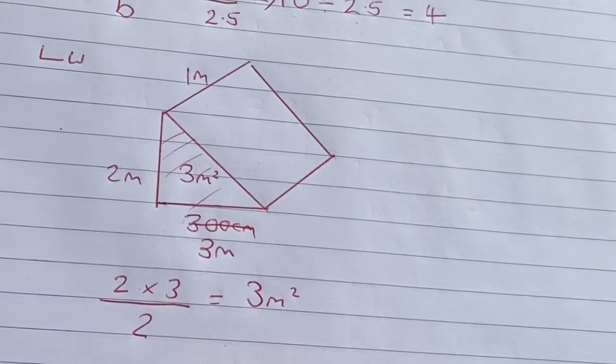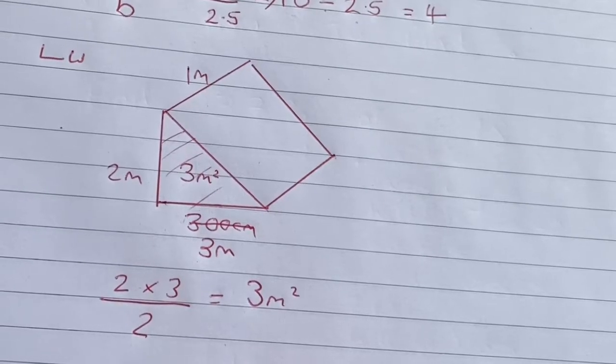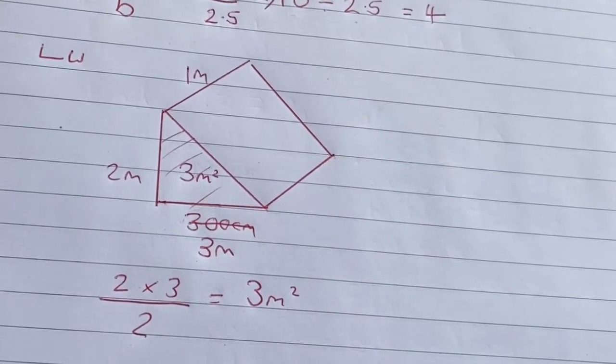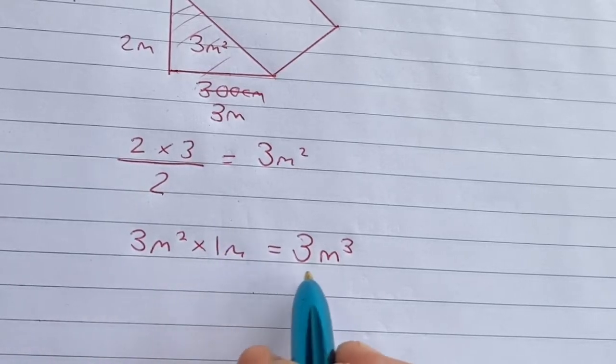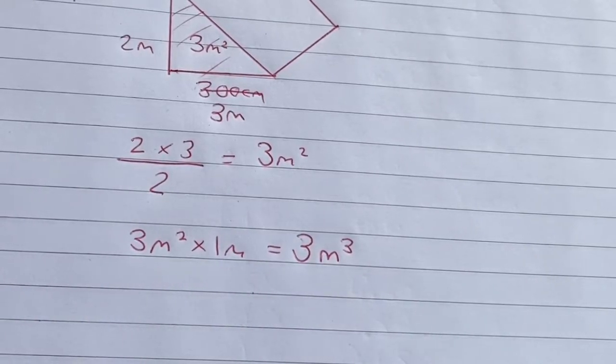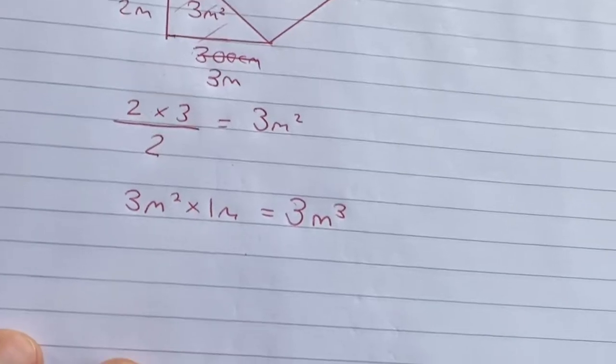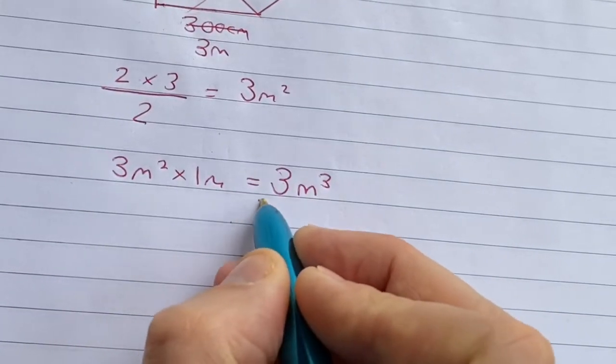So 3 metres squared times 1 metre gets us 3 metres cubed. And that is the volume of that prism.